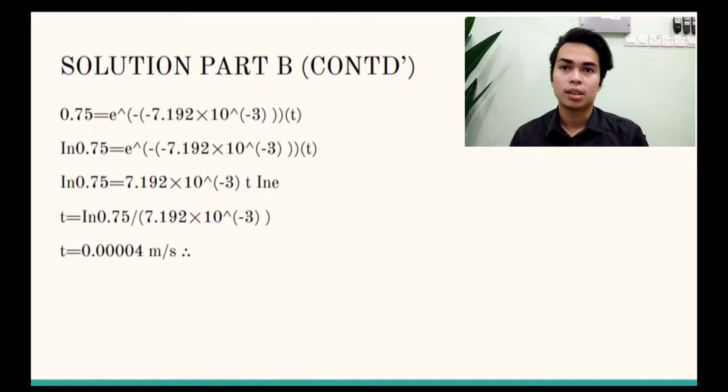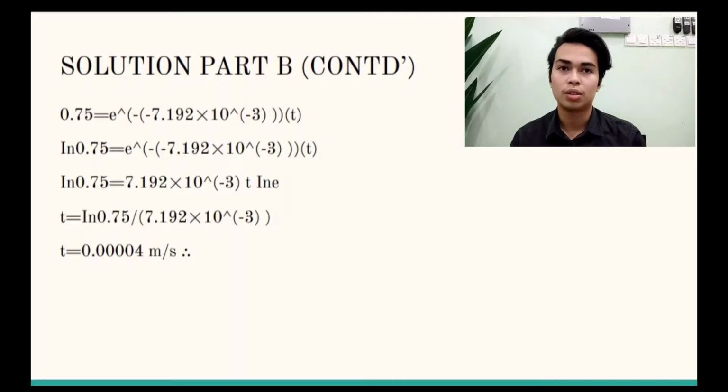So after integrating, the k will come, and k equals negative 7.192 times 10 to the power of negative 3.